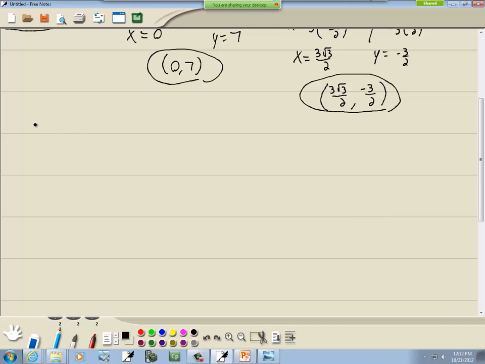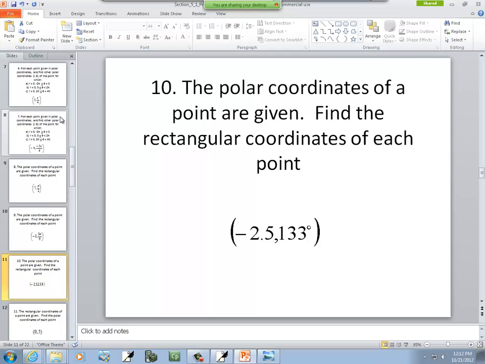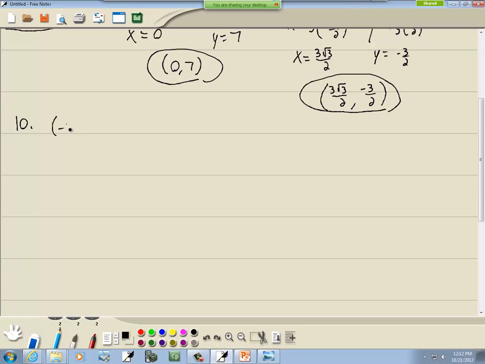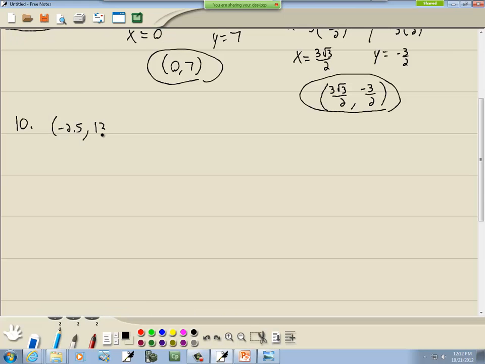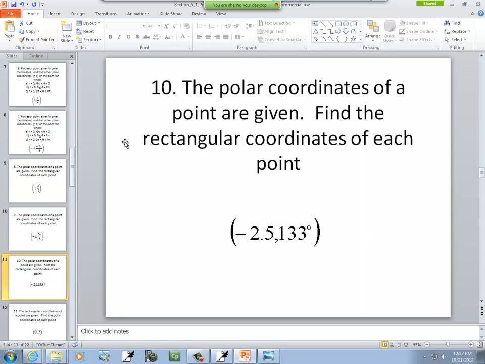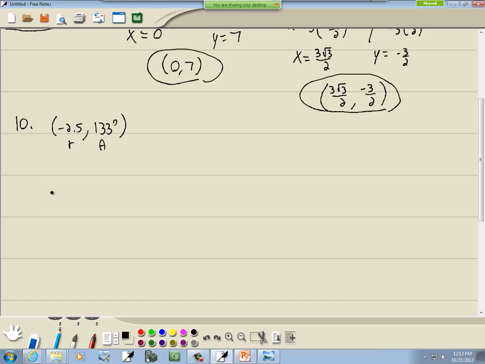Number 10. We got negative 2.5 and 133 degrees. This is r and this is theta. Same instructions, write it in rectangular form. Well, obviously, this isn't going to be on our unit circle. So all we can do is use our calculator.